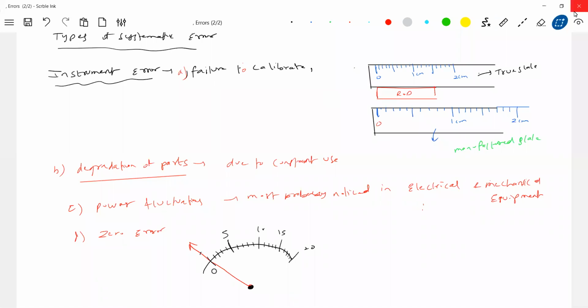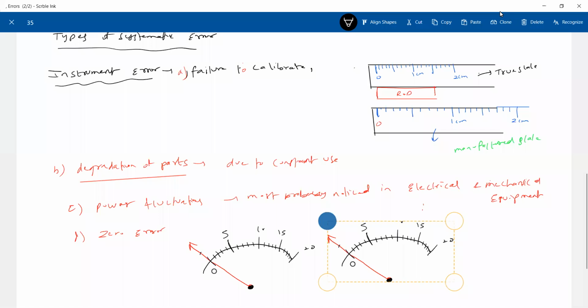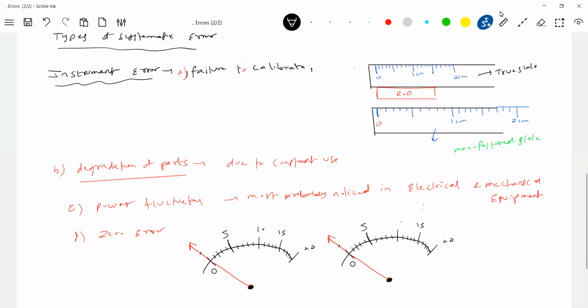But practically what will happen? Sometimes the equipment's pointer will not be at zero. Now, what is the problem with this?